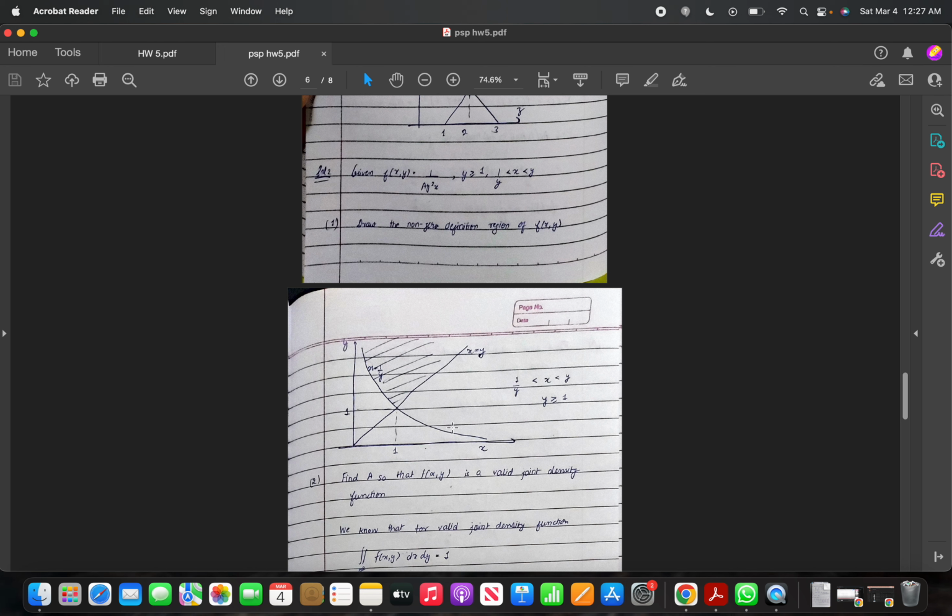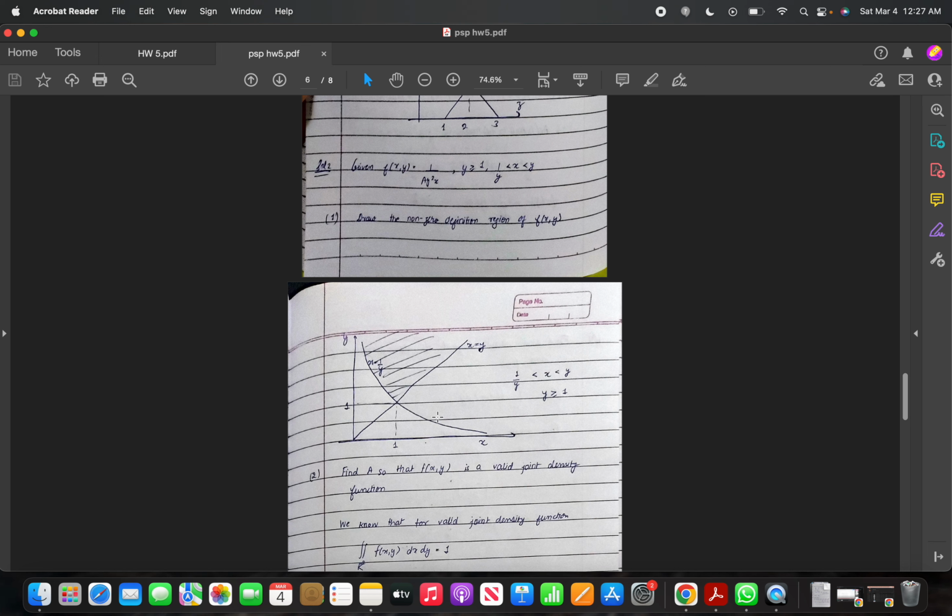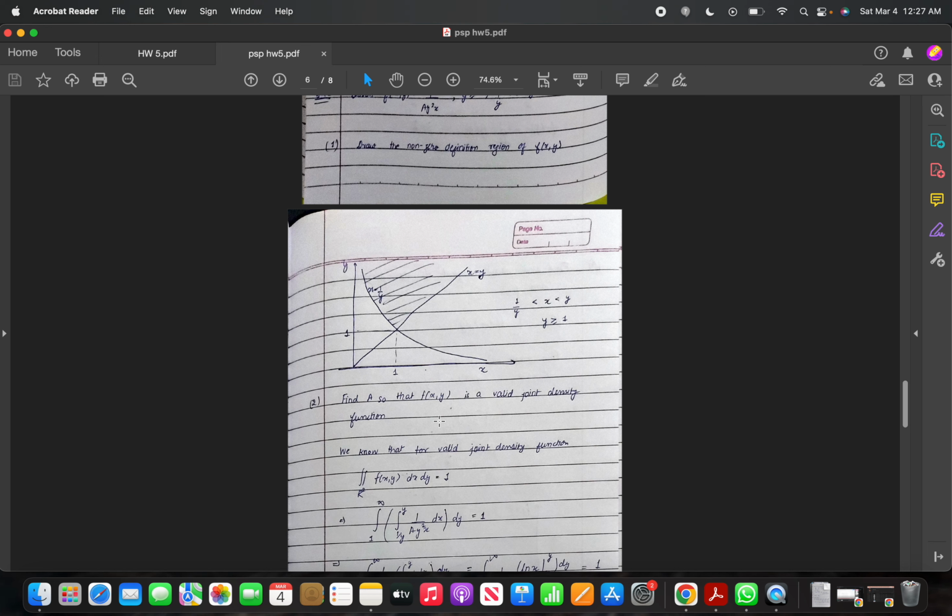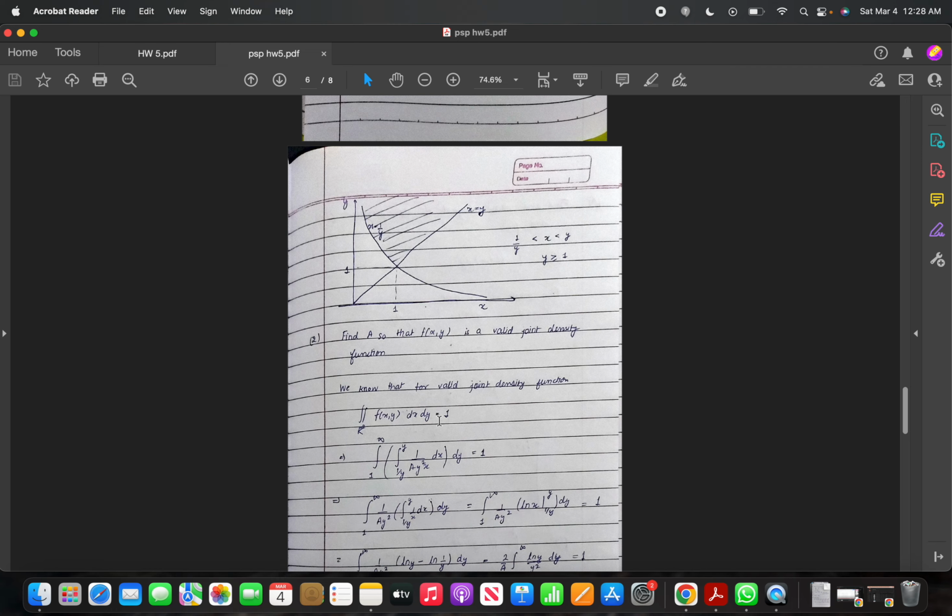So 1 by y is represented by this curve and y is represented by this line. So x lies between this region and y lies above it. So the shaded region basically represents the non-zero definition region for f of x, y.